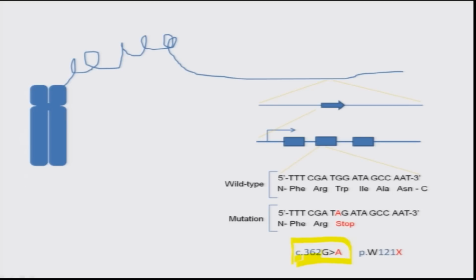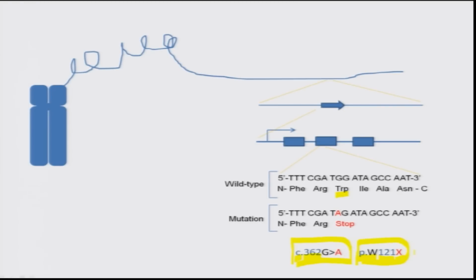In that particular gene, A represents 1, and this particular G which got converted to A represents 362. Now, this nomenclature is for the protein, denoted by the letter p, which stands for protein. Here there is tryptophan, which is the residue 121 in the protein, replaced by a codon for terminating the synthesis, that is, a stop codon. This is how you represent the mutant allele both at the level of DNA and at the level of protein.